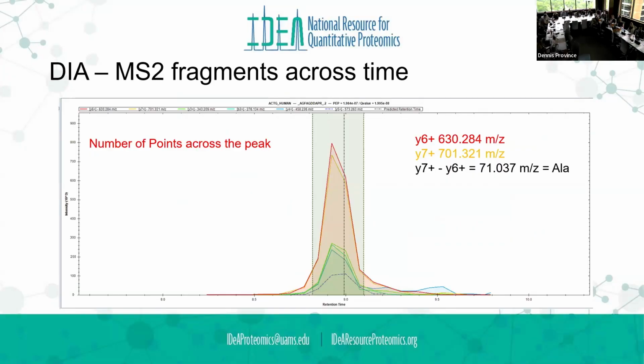So let me just show you what DIA fragmentation looks like. This is for this peptide A, G, F, whatever, and this is what the signal looks like.